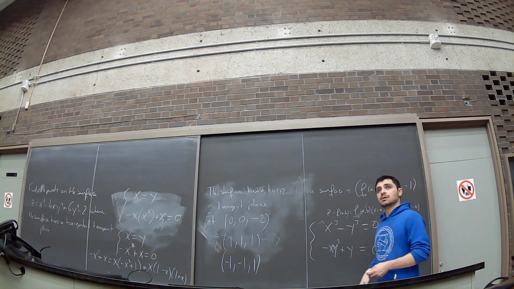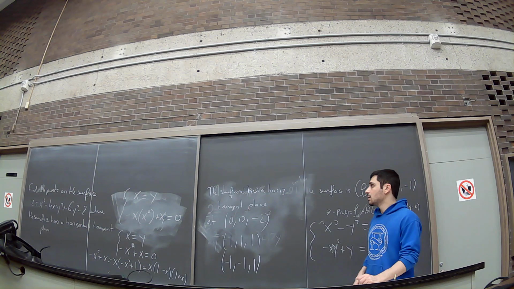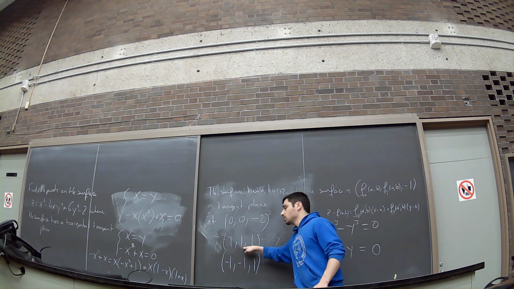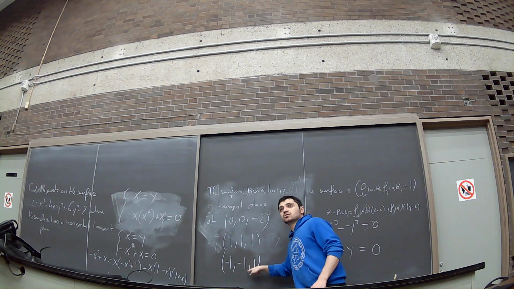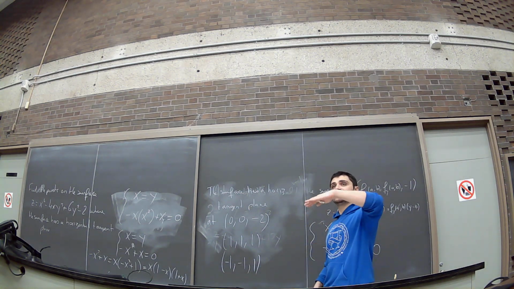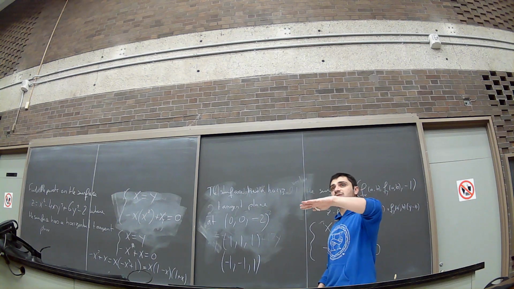Is the first vector the answer? It's a point, right? 0, 0, minus 2. 1, 1, 1. Minus 1, minus 1, minus 1. So you have 3 points at which the tangent plane is horizontal.